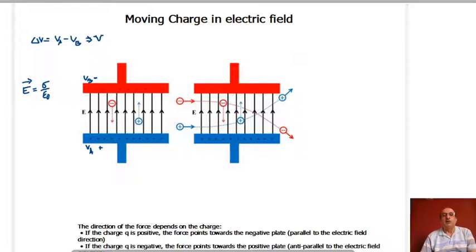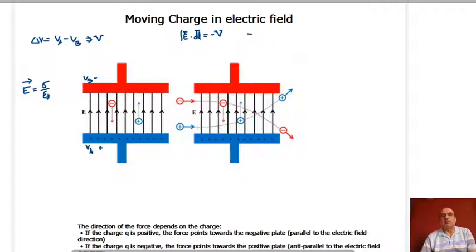Now, because of this potential difference, the electric field is represented by the equation of line integration. The line integration of electric field intensity is equal to the negative of the potential difference.